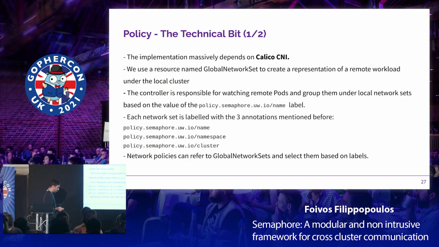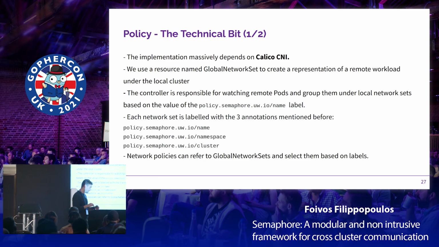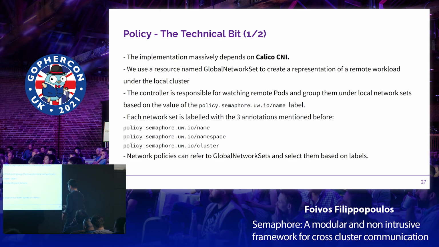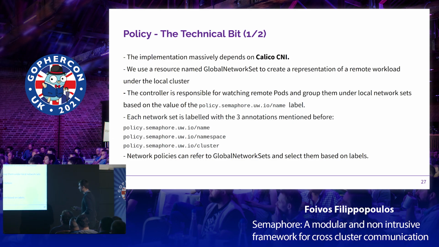Now, the technical bit. This is massively dependent on Calico. It cannot work if one is not using the Calico CNI on their cluster. Calico offers a resource named Global Network Set, which is basically a way to group network sets under a local resource.